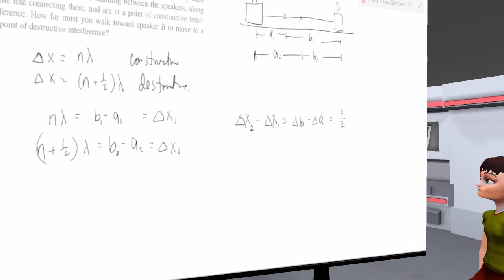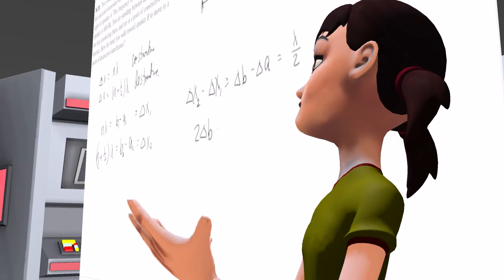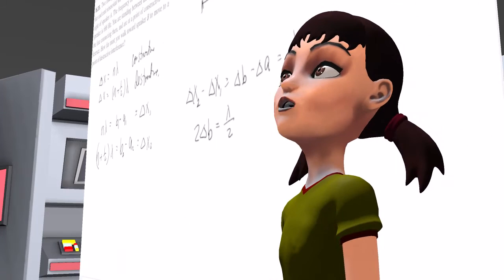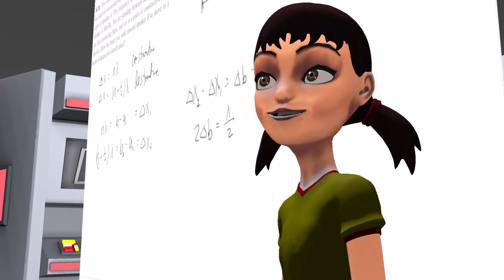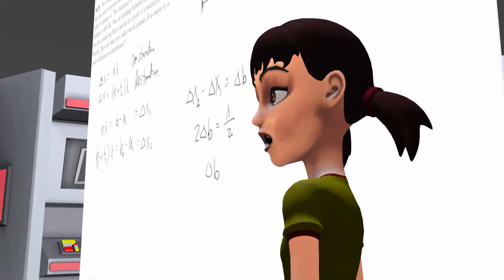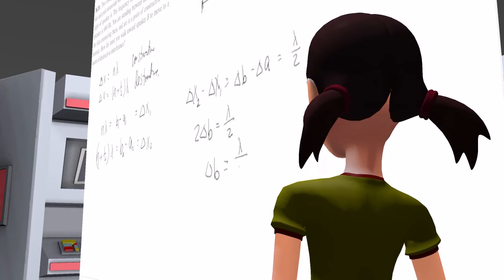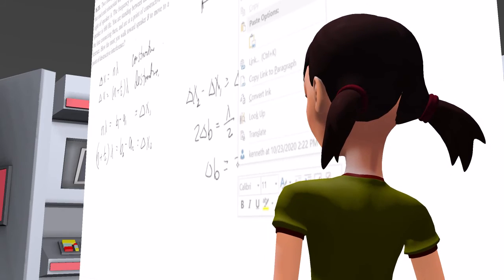The distance I move toward speaker B is a negative distance. I move towards speaker A, so negative delta A is delta B, so this becomes 2 delta B is lambda over 2. Or, the delta B I'm looking for is lambda over 4.